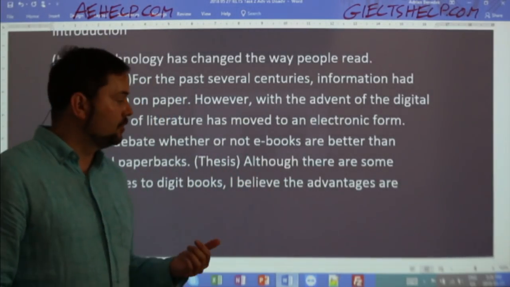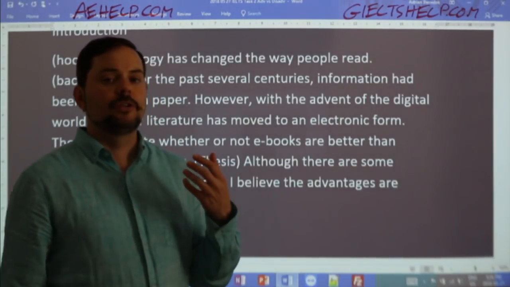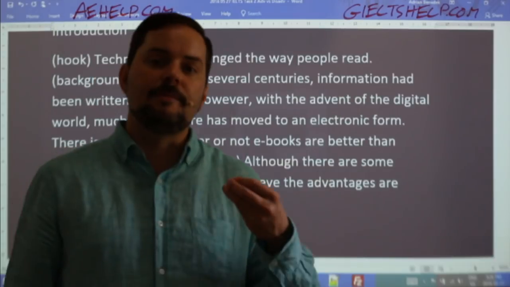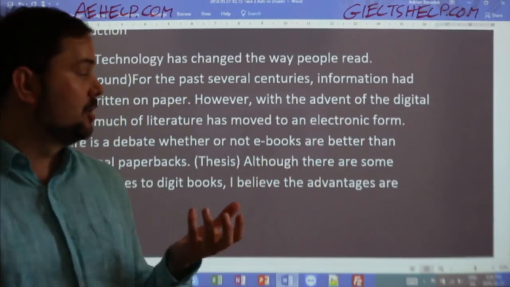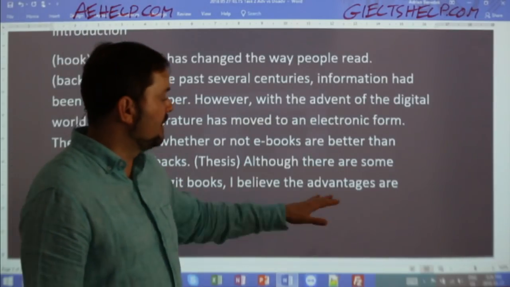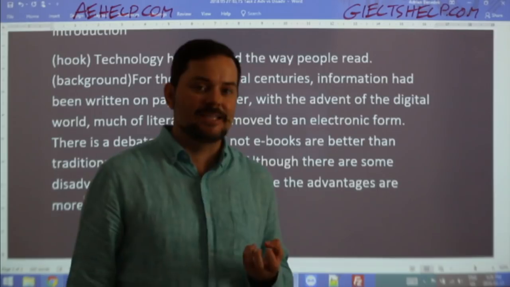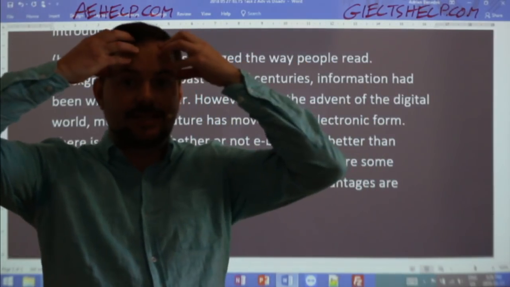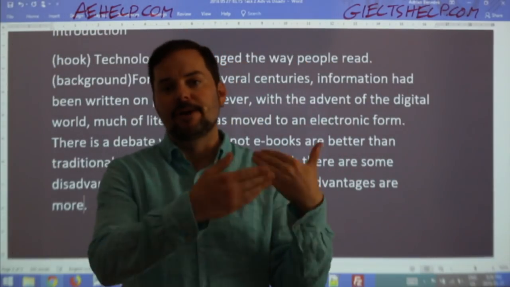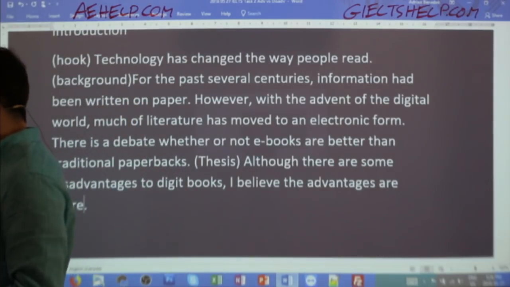The reason I'm doing that is because in communication, you always want to leave your audience with the positive or your stronger side of argument. So I want my reader to read about the advantages later and more so that when they're finished with my essay, that's the information that's stuck in their head. That makes for much better writing and much better literature, okay? So that's what I'm going to do.